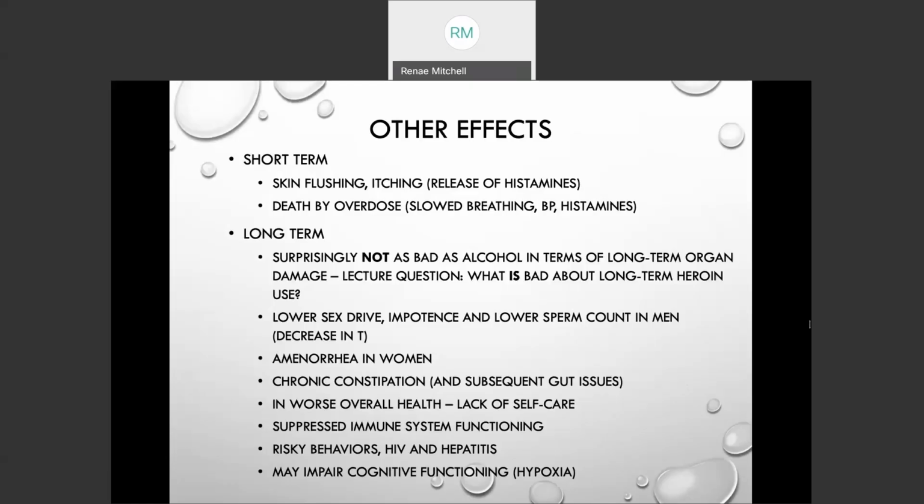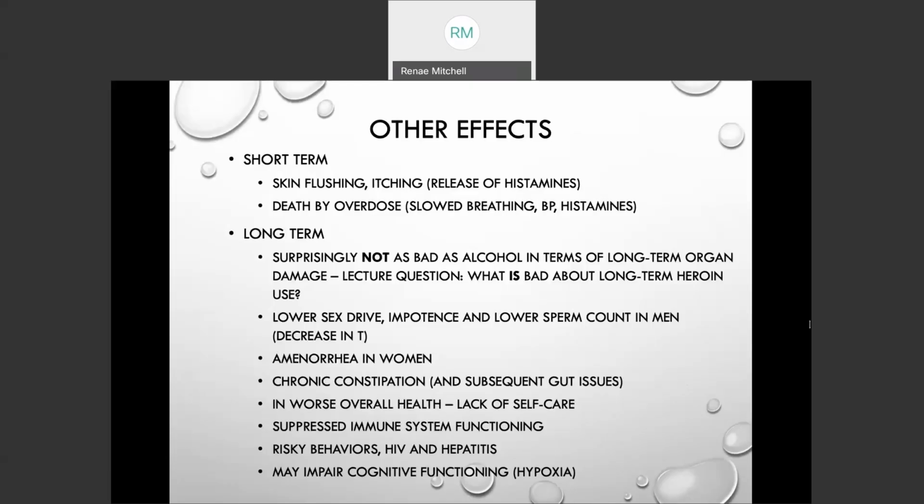General deterioration of overall health, usually attributed to a lack of self-care. With chronic use of opioids, people neglect to care for their physical body, failing to brush their teeth or hair or eat proper meals, all leading to worse overall health.